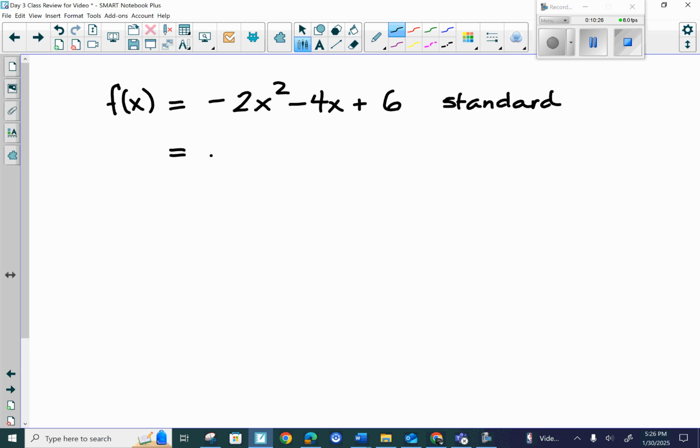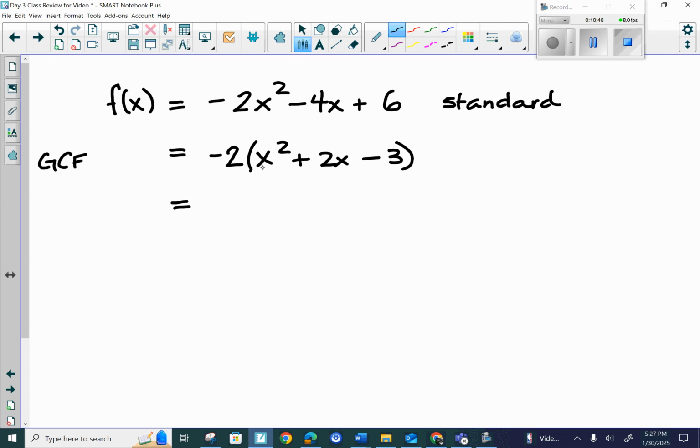So the first thing I do in all factoring is take out a GCF, right? Take out the GCF. And I see -2 and everything else. So I take out a -2, and I get x squared plus 2x minus 3.